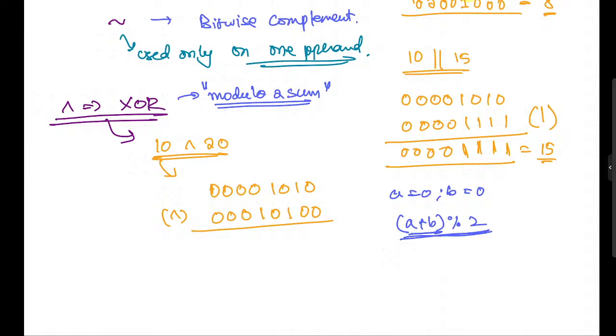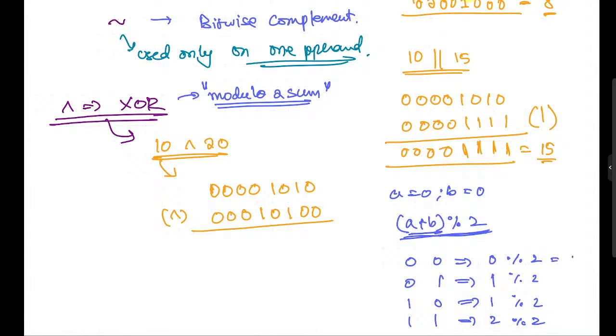So for example, for 0 0, 0 1, 1 0 and 1 1: 0 plus 0 is 0, 1 plus 0 is 1, 0 plus 1 is 1, and 1 plus 1 is 2. If you now apply modulo 2 on all of this, what will you get? Here modulo 2 would be 0, here 1, here 1, and then 0.